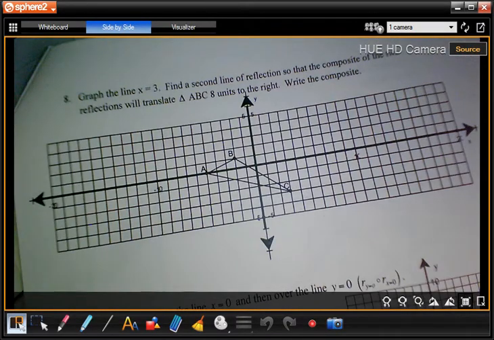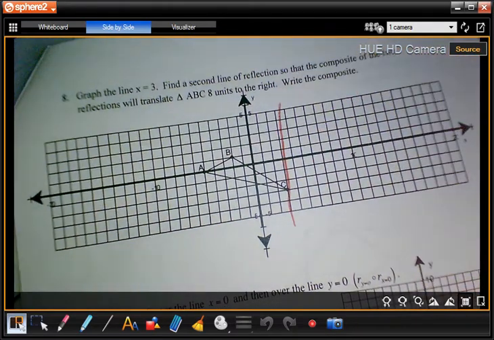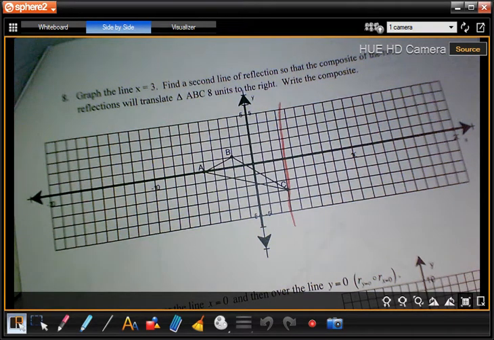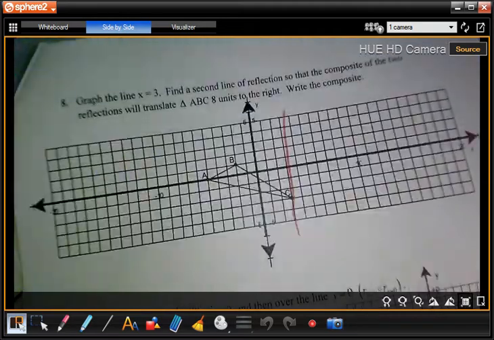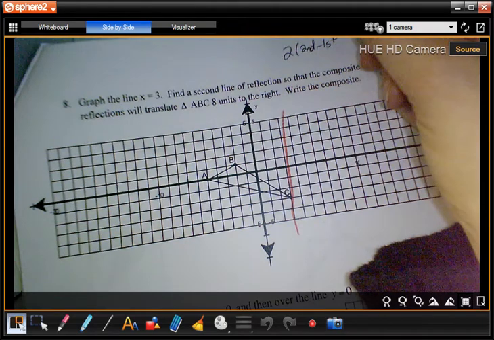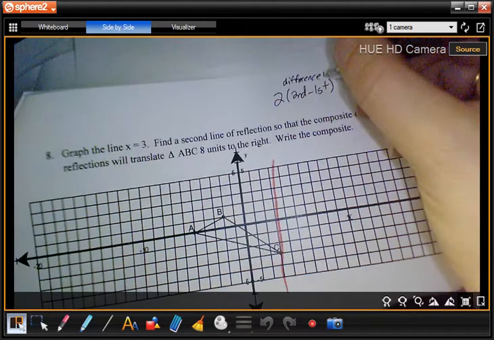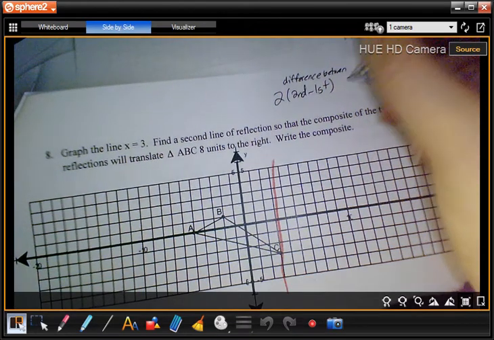Okay. Number 8. It says graph line X equals 3. Find a second line so that the composite of the two reflections will translate 8 units. So, what do we know the distance between my two lines of reflection has to be to get a translation of 8 units? We know 2 times the difference between the second line and the first equals the translation.